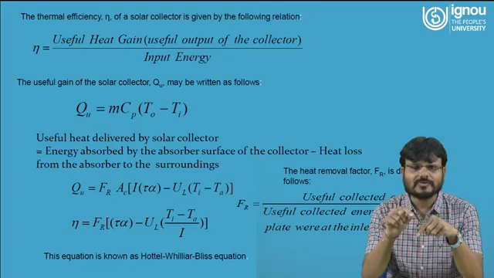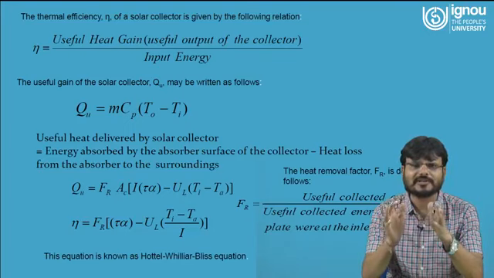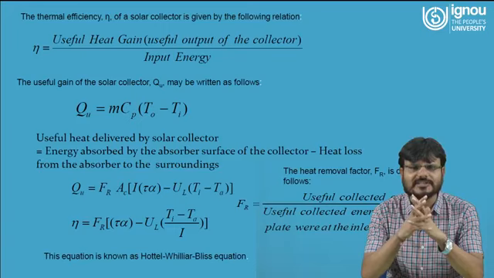So input energy is what? IT, the solar radiation in watt per meter squared, multiplied by the area of that particular cover. So the area cancels out, and input is in watt. So input energy is IT multiplied by the area of that cover, and output is Q equal to mc delta T.